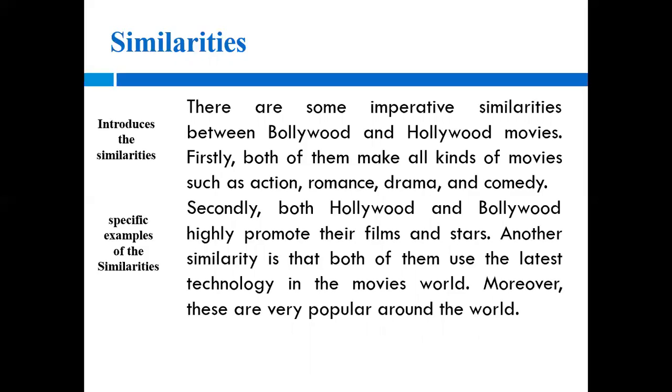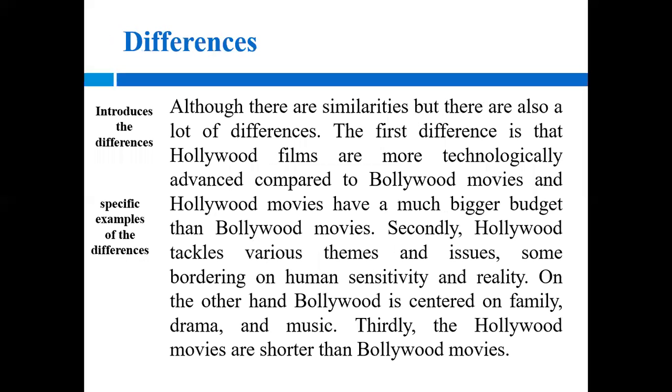So you see the transition words: however, moreover. These are transition words connecting the sentences, plus firstly, secondly, next, after that. These also give a very smooth transition to your sentences and your paragraph.